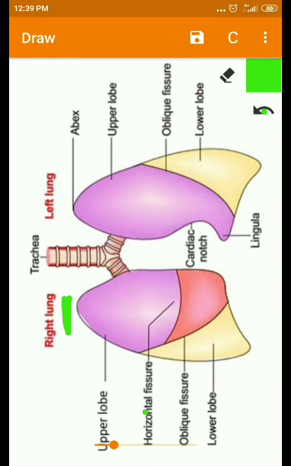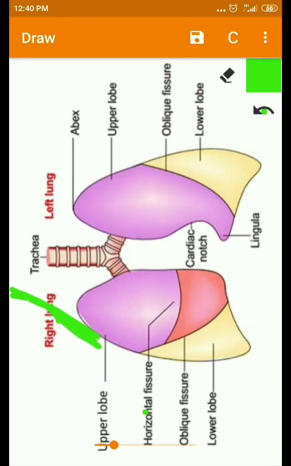And superiorly on the posterior aspect, it is also related to the superior intercostal artery. And laterally, coming to the lateral side, it is related to the scalenus medius muscle.